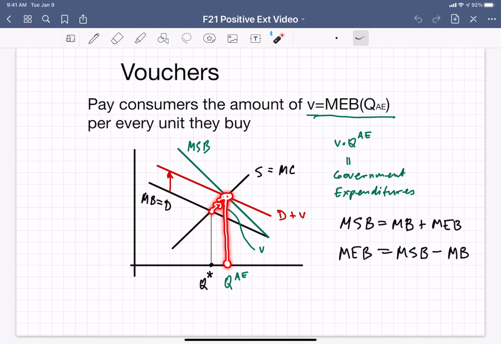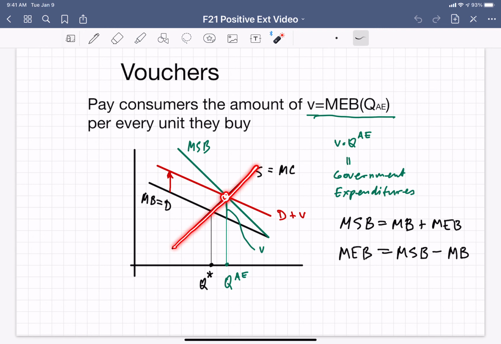And that will make us happy, because that will bring us to the point of allocative efficiency, where MSB meets MC. Again, for the purpose of finding market equilibrium, you want to look at this adjusted demand curve and the initial supply curve.